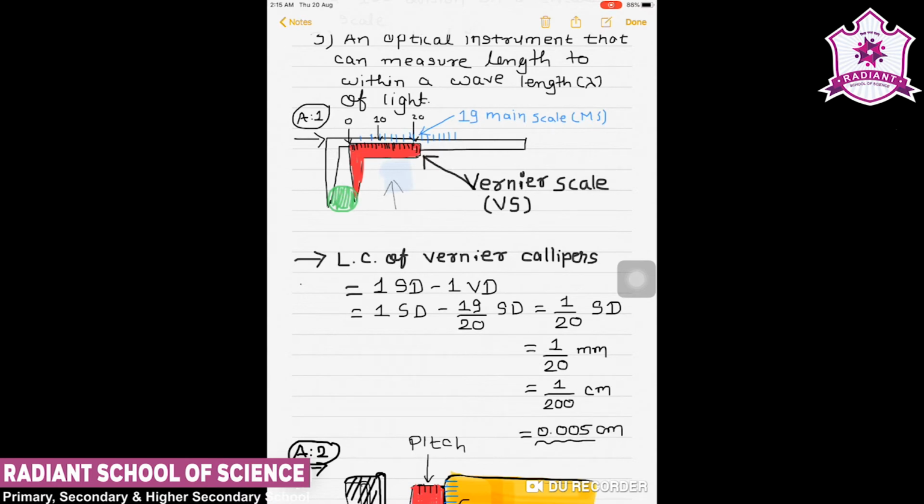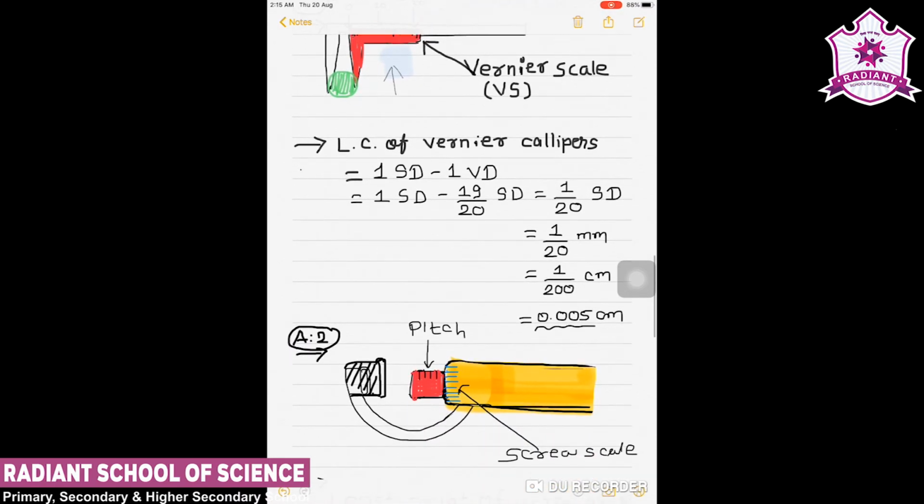We get the value 1 SD minus 19 upon 20 SD. Here SD is generally in millimeters, so if we simplify this, we get 1 upon 20 SD. This SD is the main scale division in millimeters, so we can write it as 1 upon 20 millimeter. If we convert it into centimeters, obviously 1 millimeter is equal to 0.1 centimeter.